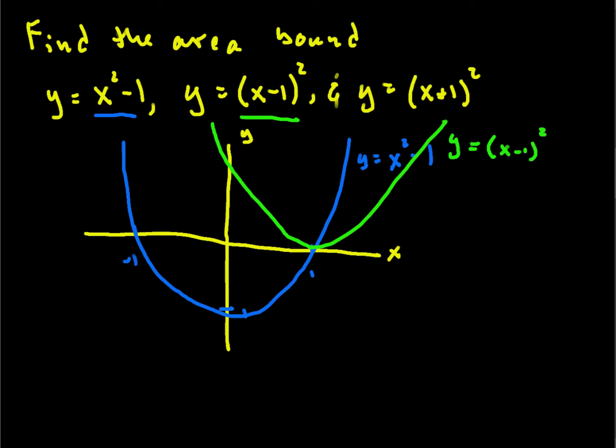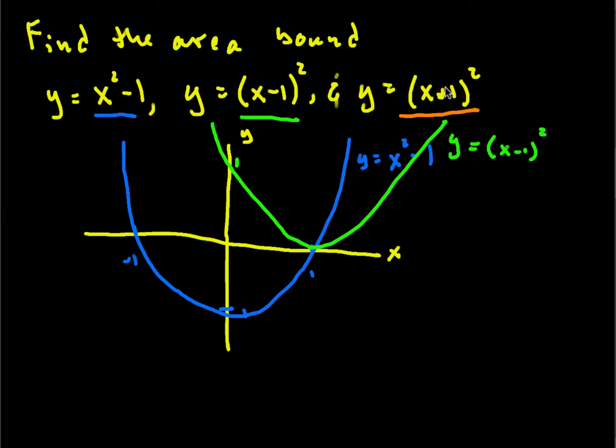And then for the last curve, we've got y is equal to x plus 1 squared. And we should note, just for completion here, that where does it cross the y-axis? Well, when x is 0, then y is 1. So that value is 1 right there, and we'll need that in a second.